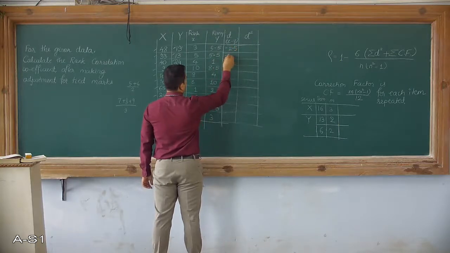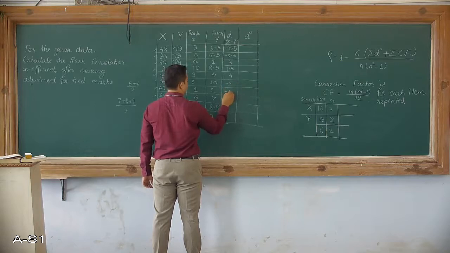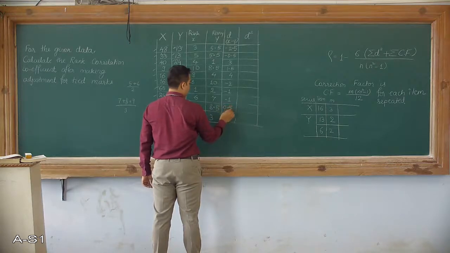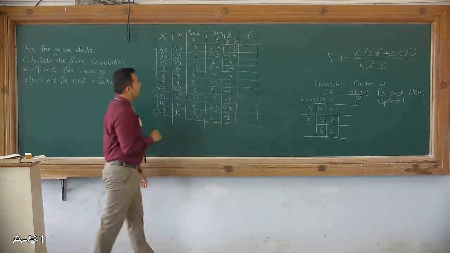This is minus 0.5. 4 minus 1 is 3. 10 minus 10.5 is minus 0.5... 1.5. 8 minus 4 is 4. 8 minus 10 is minus 2. Minus 1. Minus 1. Minus 0.5 and minus 1. Okay, so I have written all the deviations.